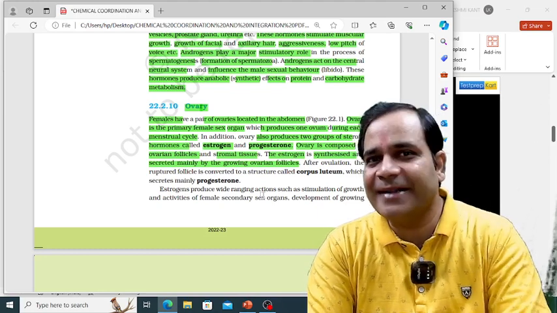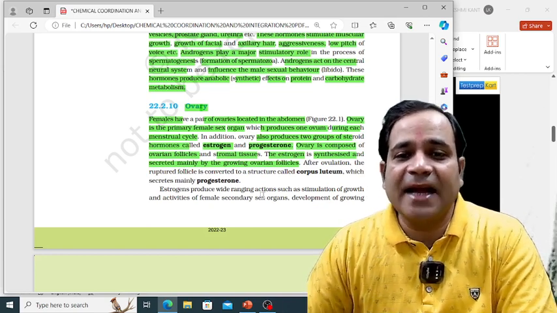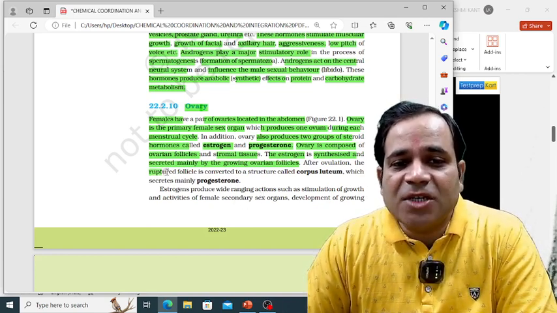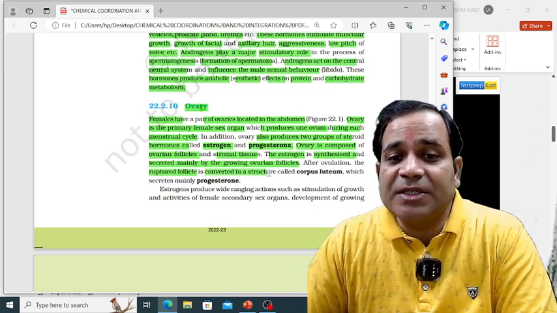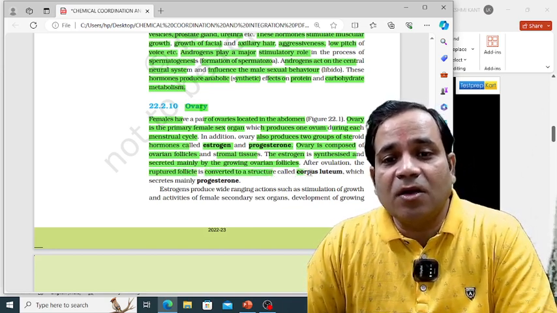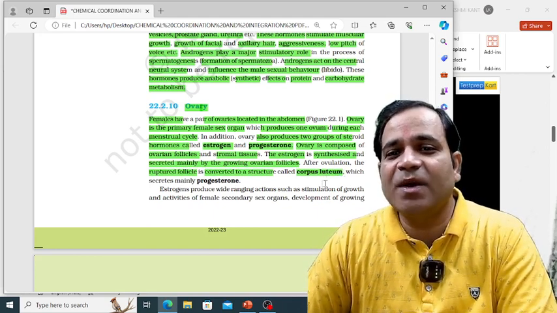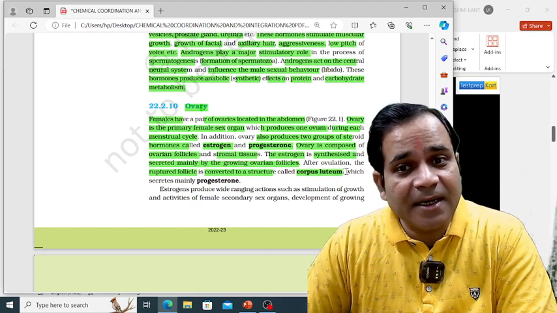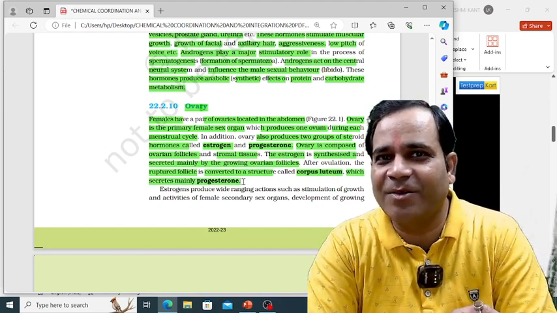At the time of ovulation the follicle ruptures and is converted to a structure called the corpus luteum. This corpus luteum acts as an endocrine gland and mainly secretes the progesterone hormone.